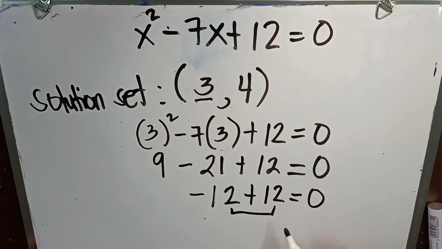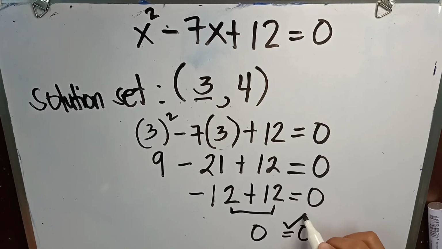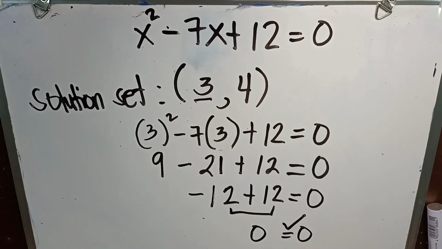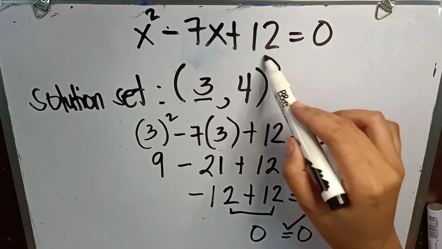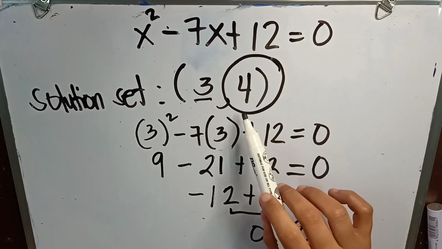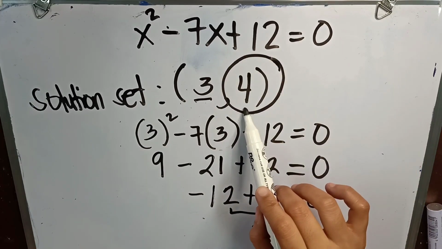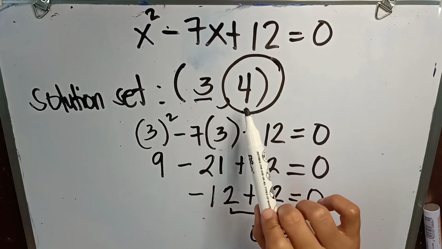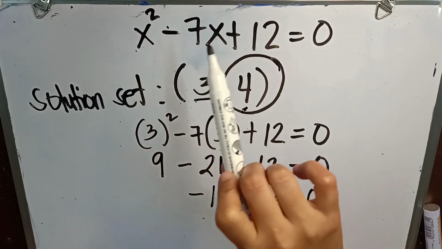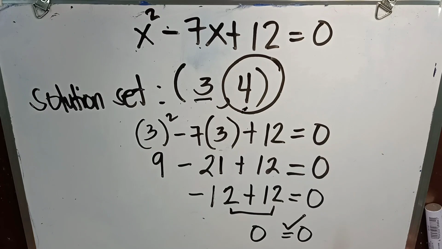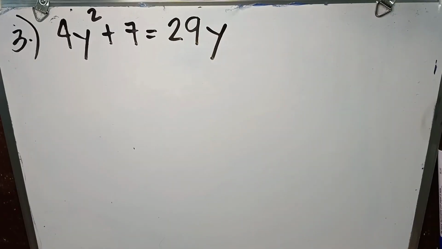Negative 12 plus 12 is 0. So, our answer is correct. Now, try on your own to check using the other solution, which is 4. Substitute it for the x values. Okay, try it.